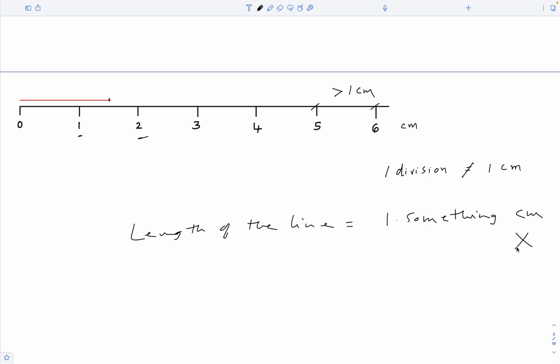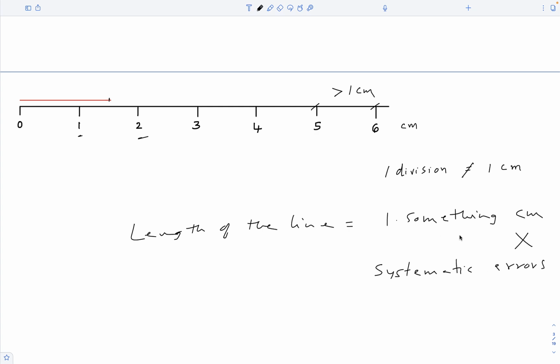Obviously, this measurement is also wrong. The actual length of the line is somewhere between 2 and 3 centimeters. And this error in measurement is also caused by a defect in the measuring device. So this is also a systematic error.